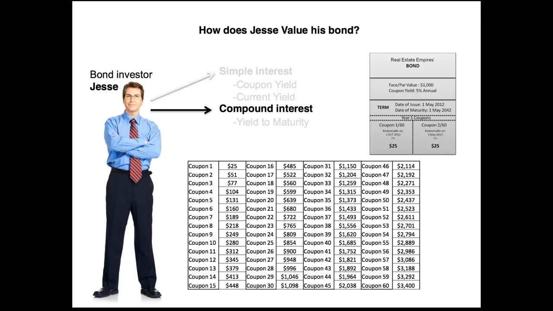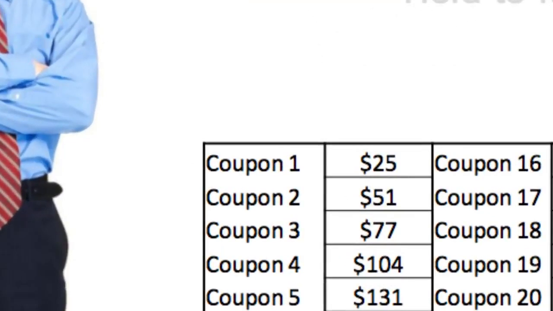As we look at our chart, let's go to the first coupon. After 6 months, Jesse would receive, and we're going to assume that Jesse bought the bond as soon as it was issued, just like the very first scenario we looked at, his $25 after the first 6 months. And then the second coupon, 6 months later, he's going to receive another $25 check.